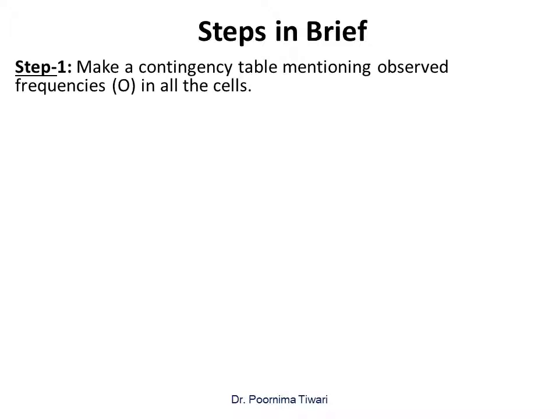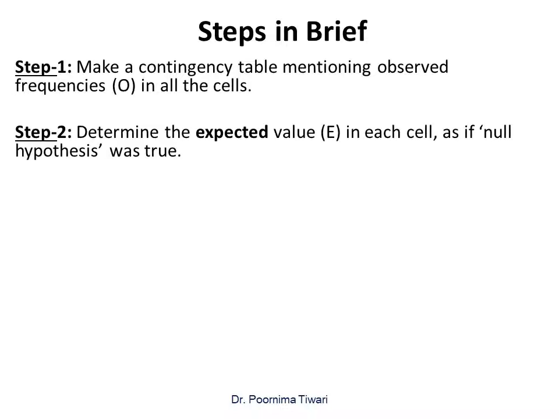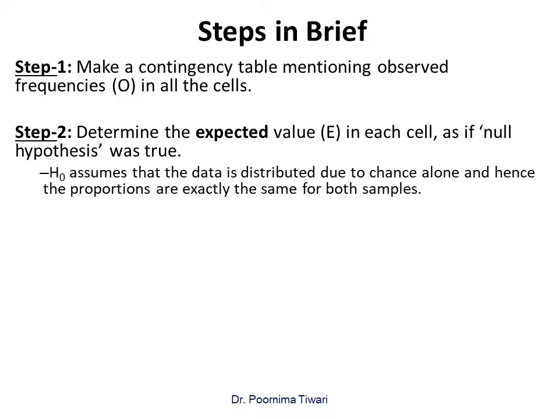So, steps in brief, the first step is to make a contingency table mentioning the observed frequency in all the cells. Second step, we determine the expected value in each cell. The expected value as if null hypothesis was true. Null hypothesis assumes that the data is distributed due to chance alone, and hence the proportions in both the groups or more than two groups should be the same for all the samples.